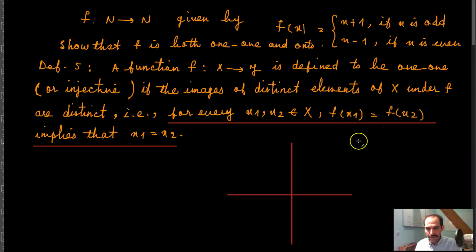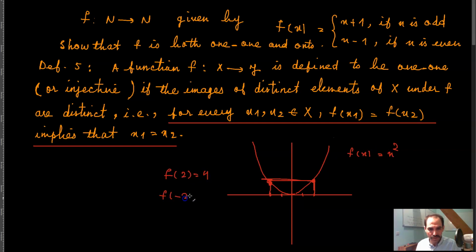For example, suppose that you have this function over here, and let's say that f of x is equal to x squared. Now 1 and 2 over here, and you can see that the image of this element in the domain is this point over here, and the image of this point in the domain is this element over here, and they are the same. In this function f of 2 is equal to 4, 2 squared is equal to 4, and f of negative 2 is equal to 4, negative 2 squared is equal to 4.